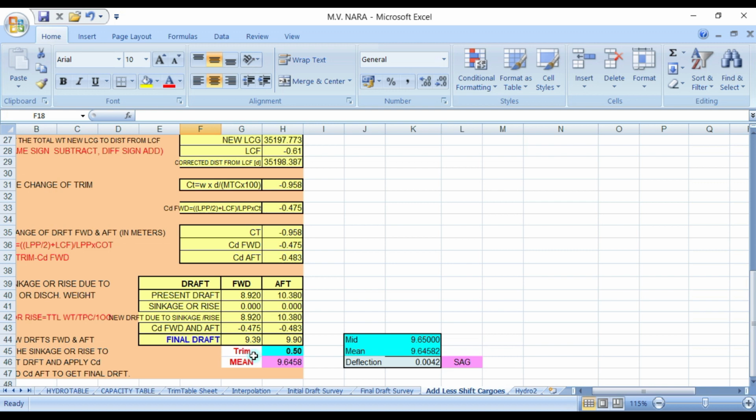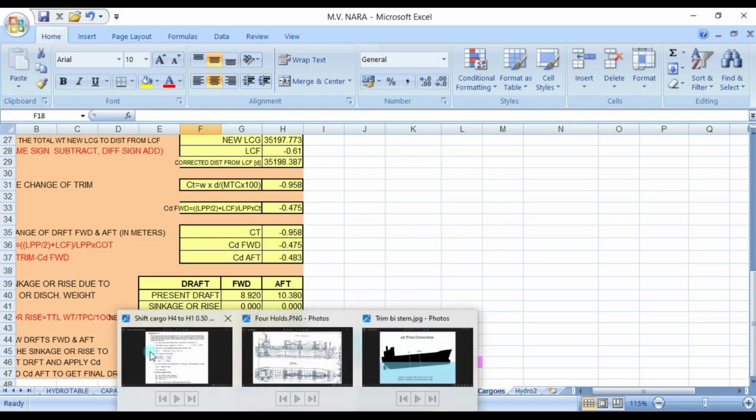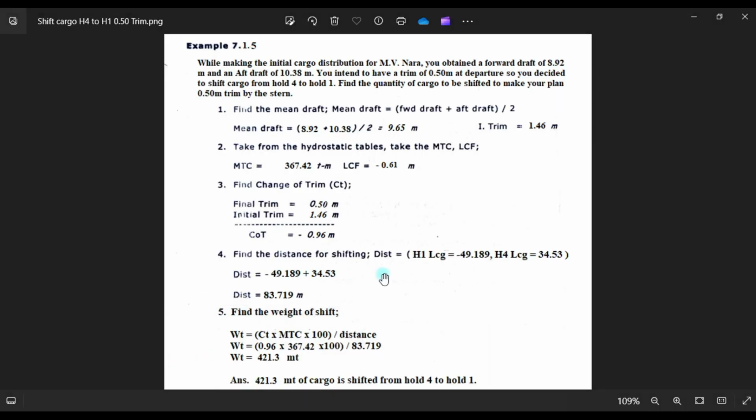So you have answered your problem, which says you required a trim of 50 centimeters. From 1.46, your initial trim, you will go down to 50 centimeters if you ship your cargo of 421 metric tons from hold number 4 to hold number 1.